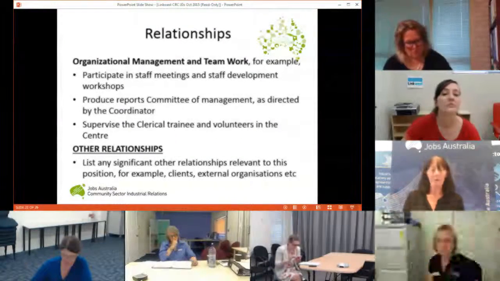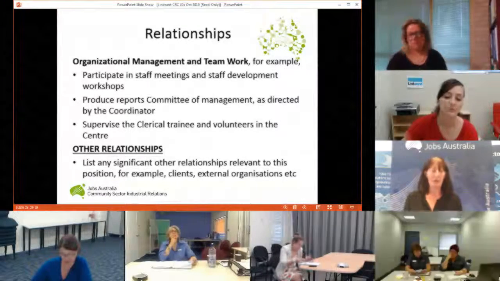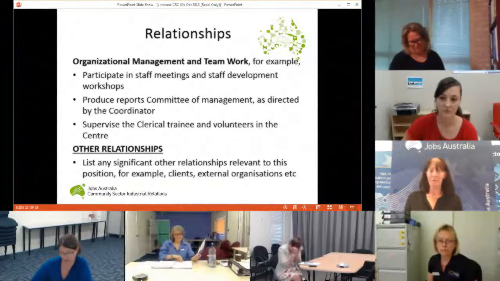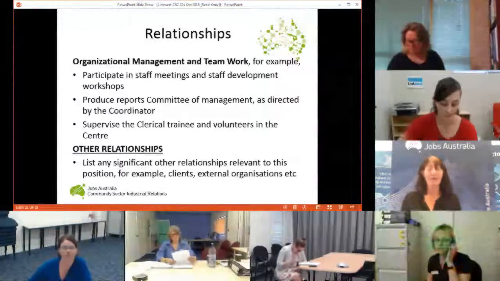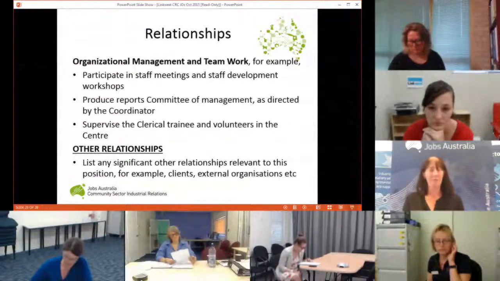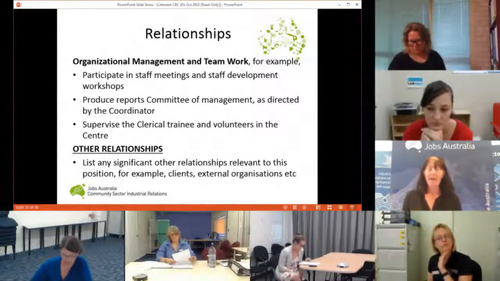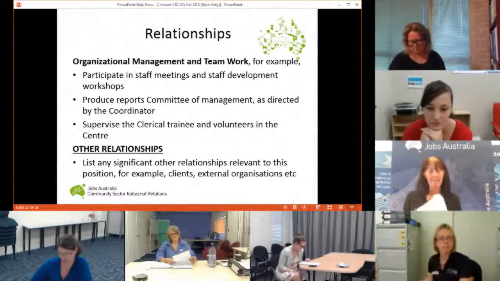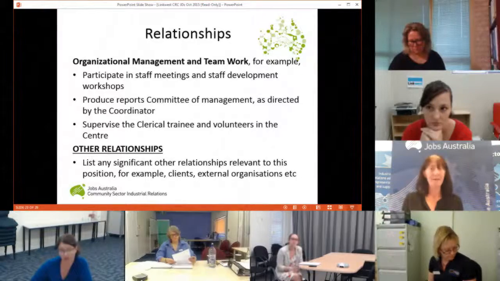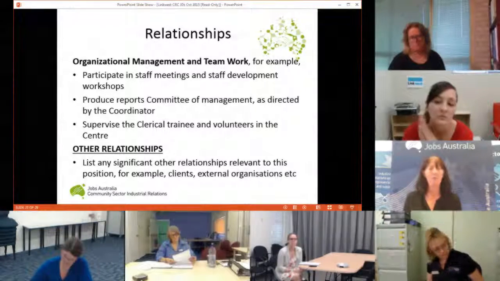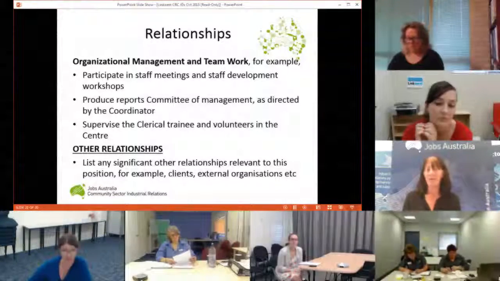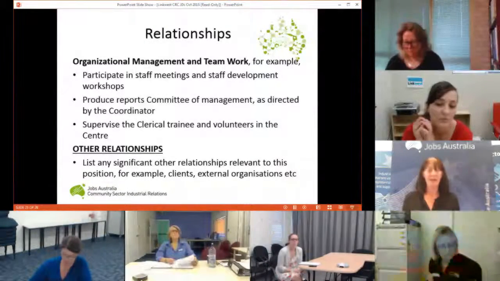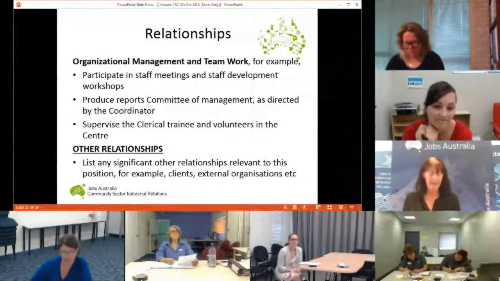So we need people to attend staff meetings, development workshops, you report to the committee, for example, that might be important in your area, or we need them to supervise clerical trainees or volunteers within the centre, which is really big within our sector. The other one you'll see on the template is other relationships. So it might be that we expect them to maintain good, positive working relationships with external third parties, or it might be the department, for example. Whatever that is, that's what you should write into there.